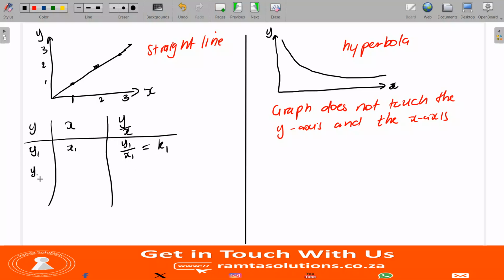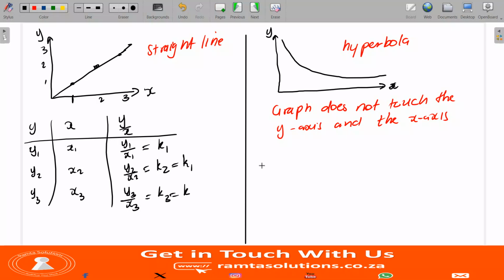Then we have y2, x2, and y2 over x2 is equal to k2, and we find that k2 is equal to k1. Then y3 over x3 is equal to k3, which is also equal to k1. As you can see, these are constants. Then you can say y is directly proportional to x. These are the kind of results that you're looking for.